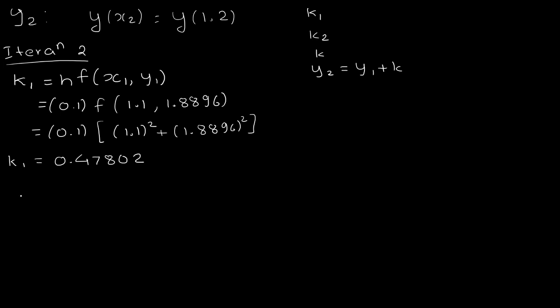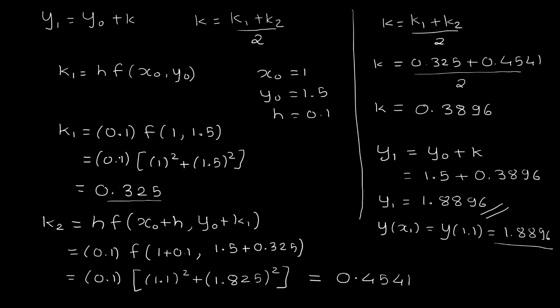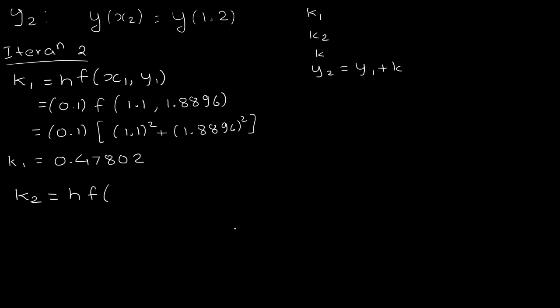Now the next step, once k1 has been done, is to calculate k2. K2 will be given by h of f of x naught plus h and y naught plus k1 in iteration 1. Now in this second iteration it will be x1 plus h and y1 plus k1. H will be 0.1 as it is.